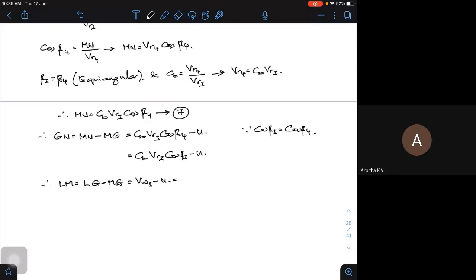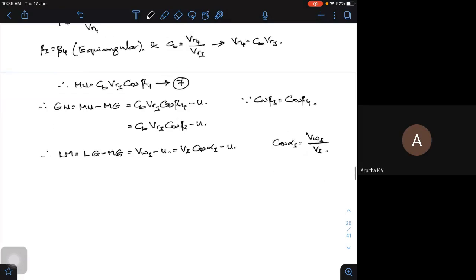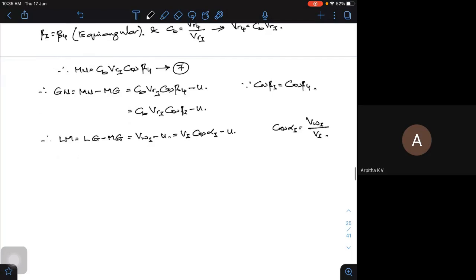If you take cos alpha 3, this will be VW3 by V3, or I can write VW3 as V3 cos alpha 3 minus U. So I'm trying to write this in terms of this part.